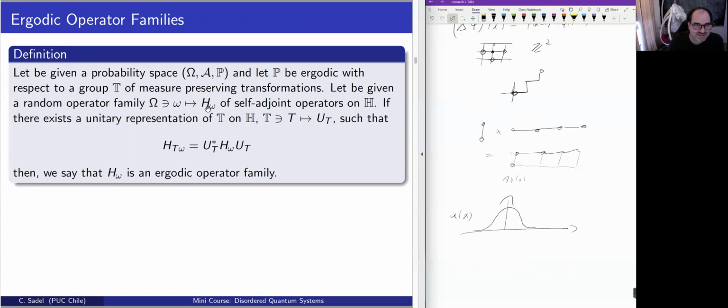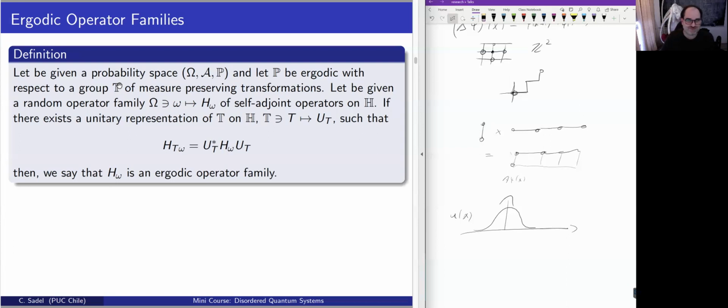To get ergodicity, we consider some group of measure preserving transformations on the set Omega, and we want the probability measure P to be ergodic with respect to this group. That means sets that are left invariant by the whole group of measure preserving transformations have probability 0 or 1.